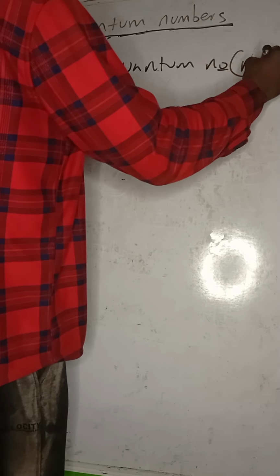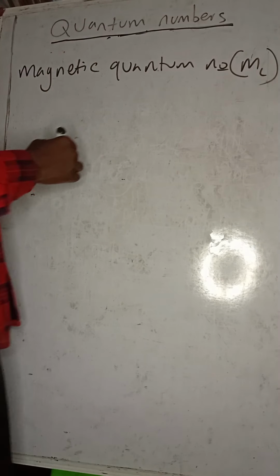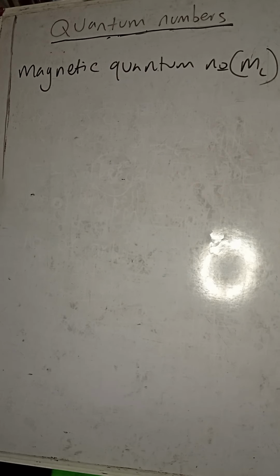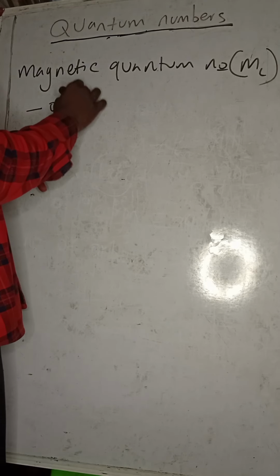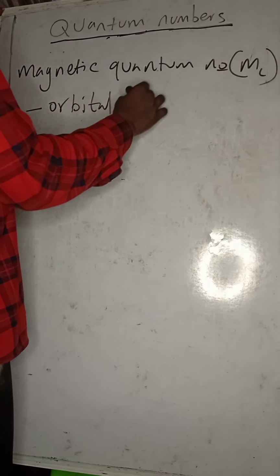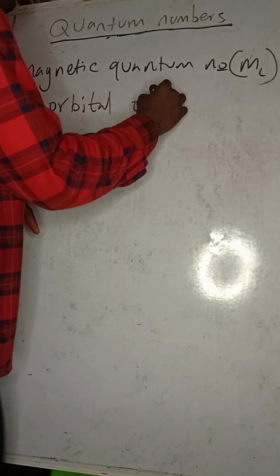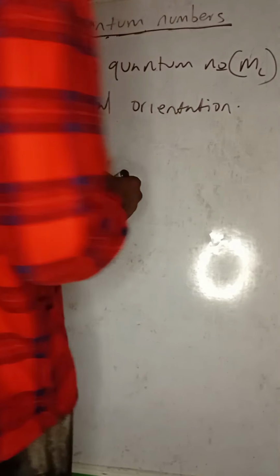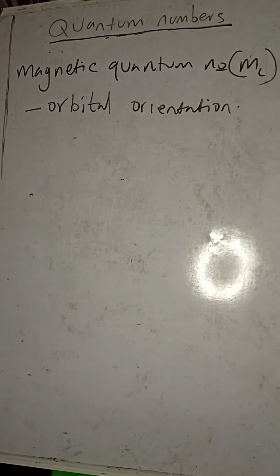Some will say simply a capital M. It tells us the orbital orientation.